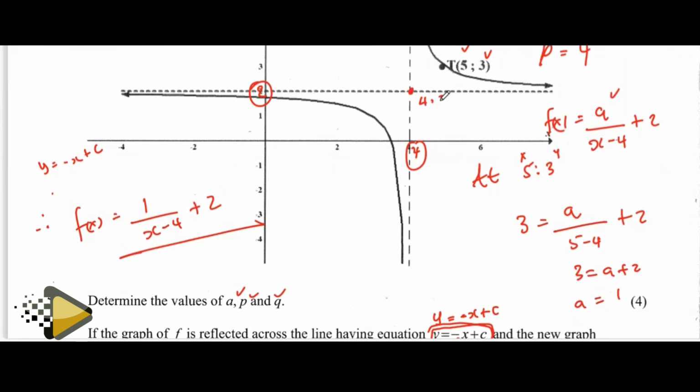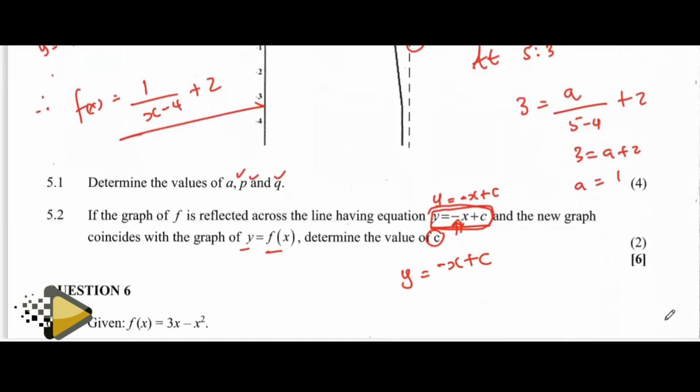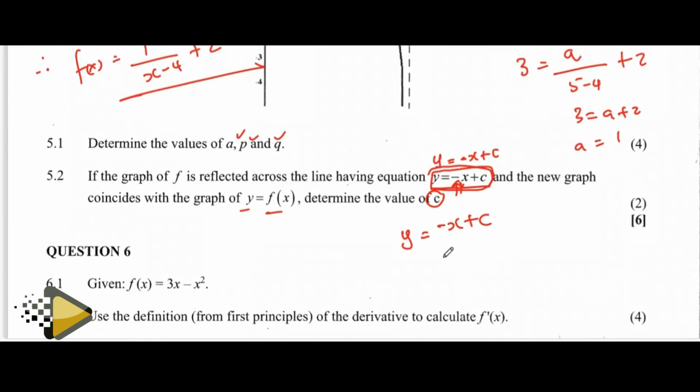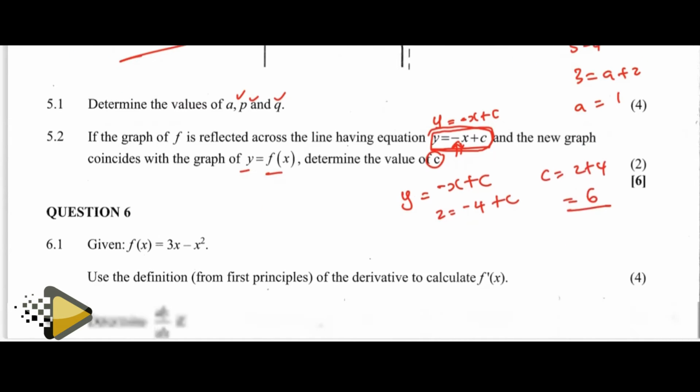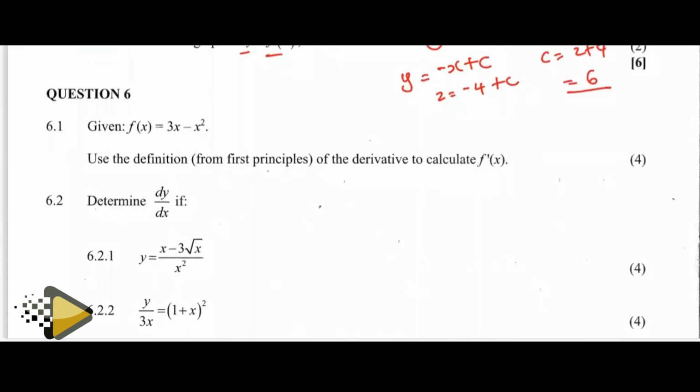This is 4, that is 2. Substitute that, get your c. So where there is y, I'll put a 2, and that is negative 4 plus c. Move the 4 that side, c becomes 2 plus 4, and then that becomes 6. So indirectly, they wanted you to find the axis of symmetry.